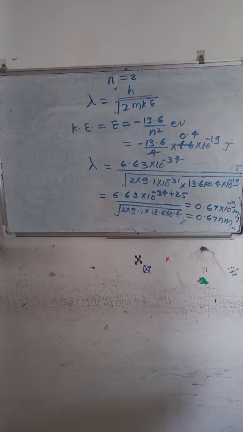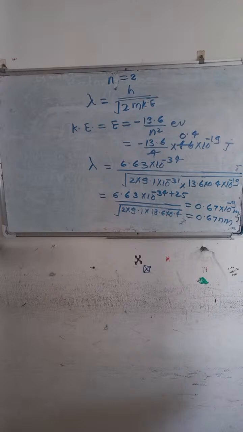Leave it. Write down one more question based on this. Calculate the de Broglie wavelength associated with the electron in the second excited state of the hydrogen atom.